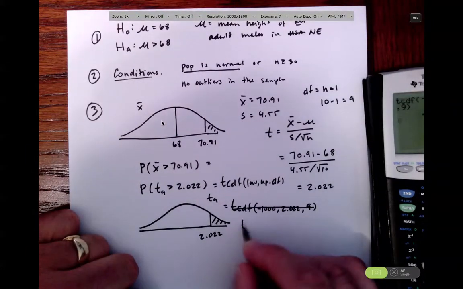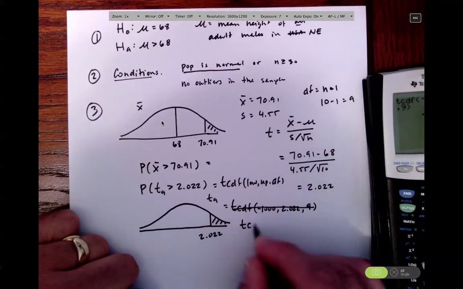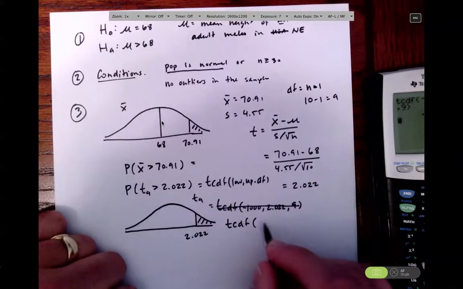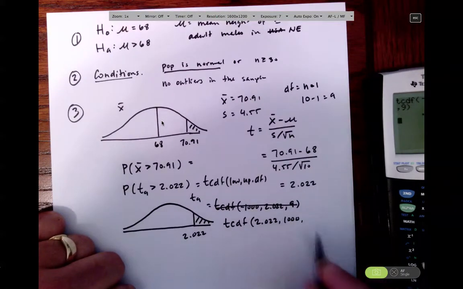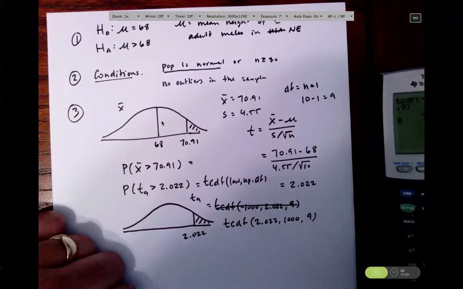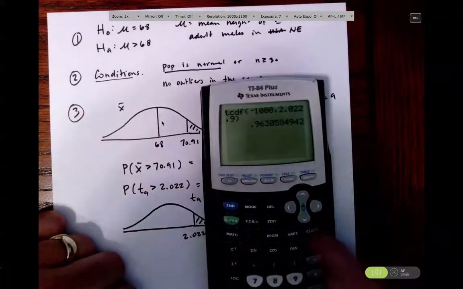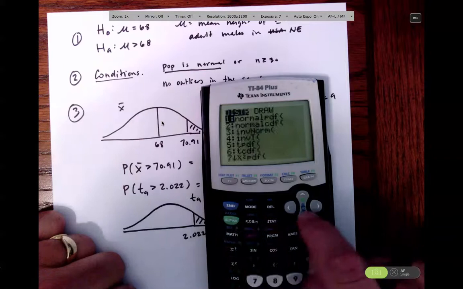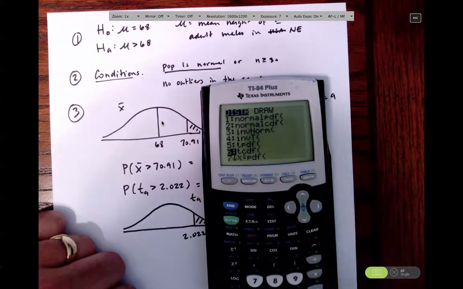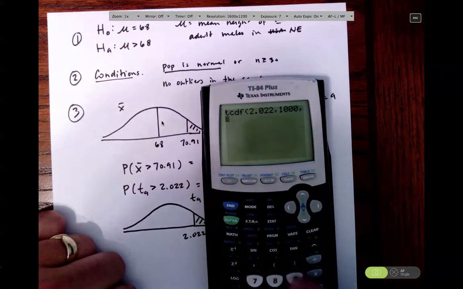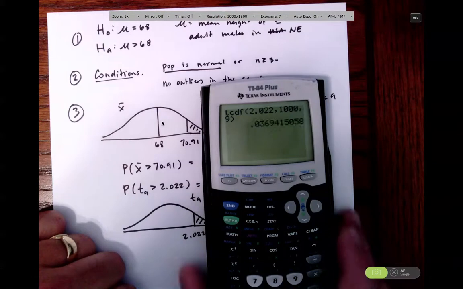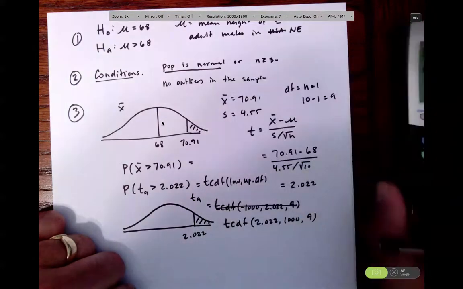We're looking for the probability of being at 2.022 or higher, so this is going to be tcdf. The lower value on this one is 2.022. The upper value is essentially infinity, and then 9 degrees of freedom. My bad. So second vars, tcdf, 2.022 to a big number with 9 degrees of freedom. We find that that probability is 0.037.